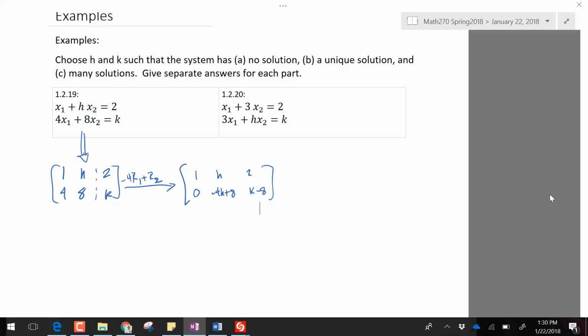Now, if we really wanted to make it a reduced row echelon form, we would have to divide this second row by this expression over here. And since it's not a nice number, let's just leave it like this. This is row echelon form already, and that's good enough to deal with. We don't have to get it in reduced row echelon form to try to see if it's consistent or inconsistent.